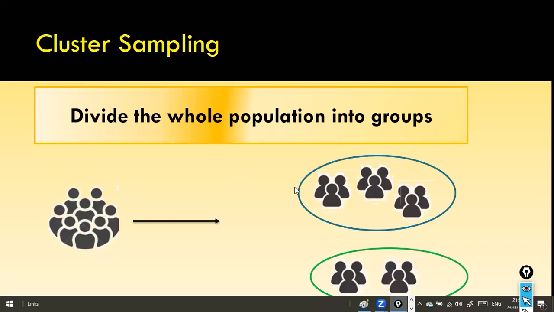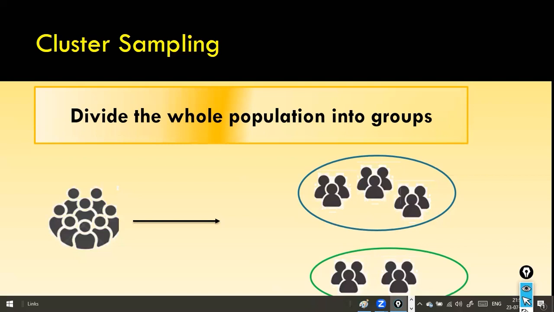So this is your north region, or some group of schools, or the area. Let's say this is your entire Mylapore, and this is your Adyar. Instead of selecting individual students from all schools, we randomly select a few schools or clusters from different regions in the city.